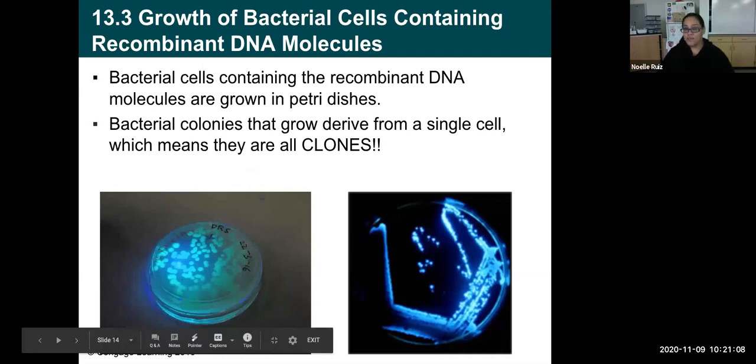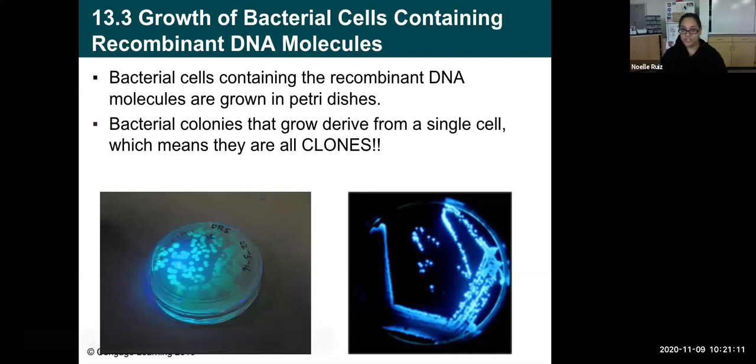Bacterial cells containing the recombinant DNA molecules are grown in petri dishes. Bacterial colonies that grow derive from a single cell, which means they are all clones.